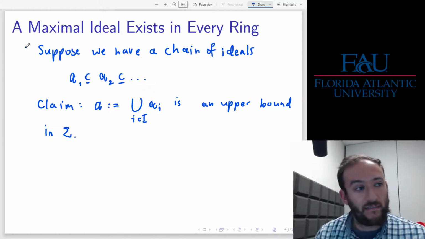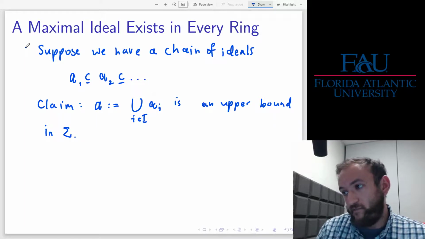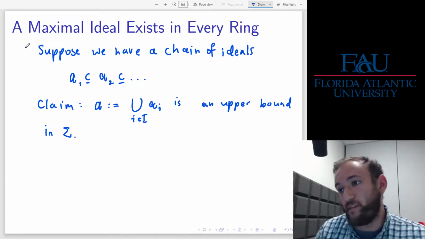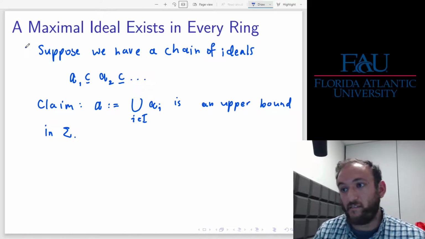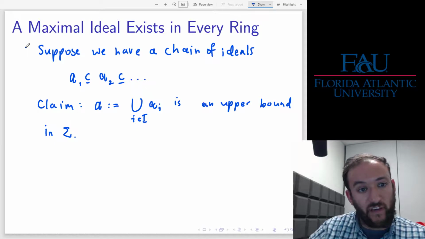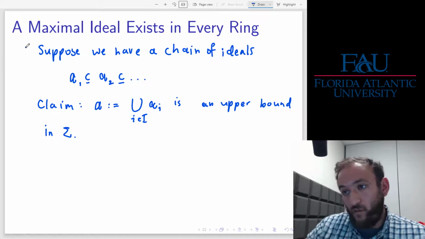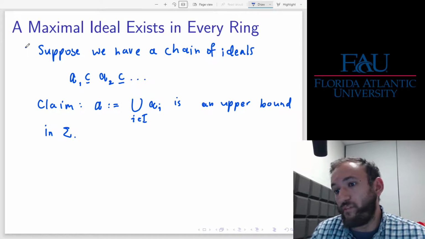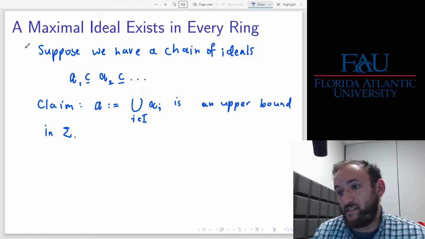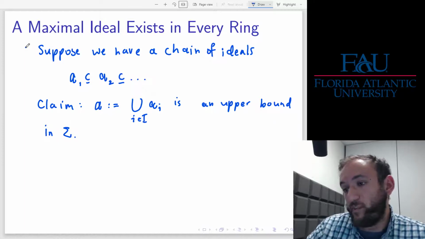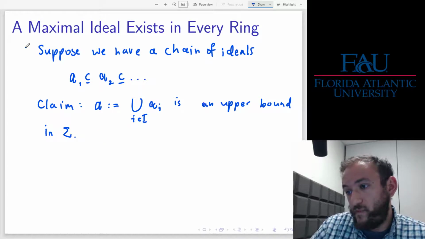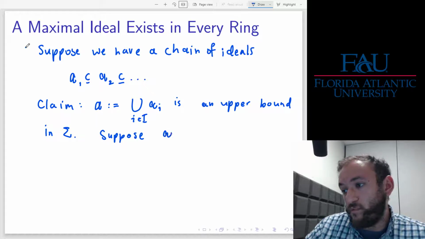Well, the fact that it's an upper bound is relatively straightforward because it's a union. Every element you can find in any ideal in this chain will be in the union. So that's an upper bound on all of the ideals. But whether it's actually in sigma, we have to show that this is a proper ideal, so it's not equal to the whole ring. Suppose A were equal to the whole ring.